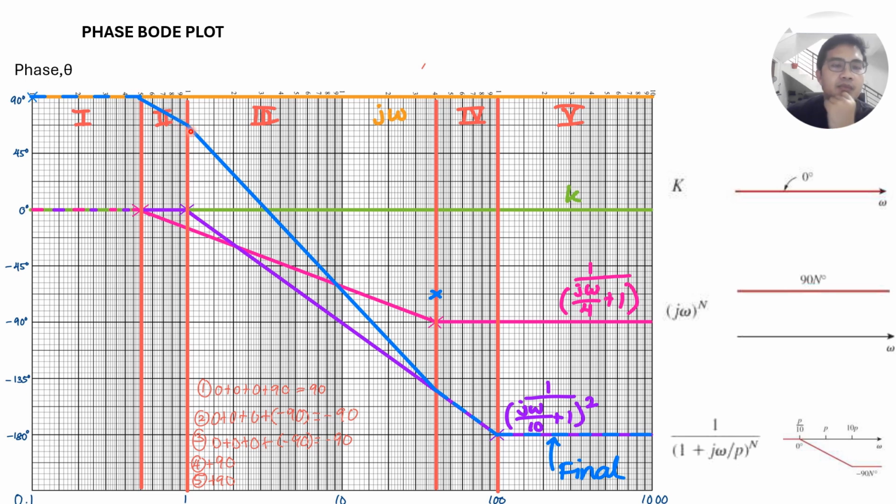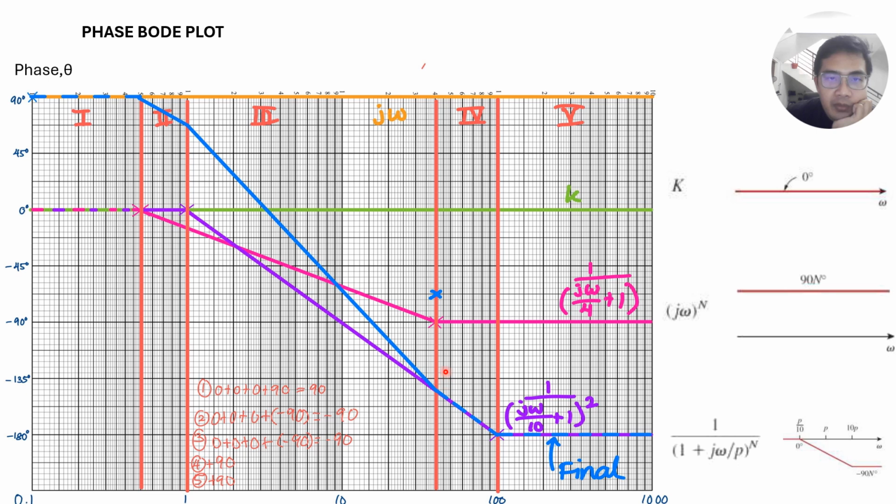We have an inclined plane of negative 90 degree. And then for the third part, 0 plus 0 plus 0, 0 plus 0 plus 0, and negative 90 here. So that's why we get another negative 90, making that more inclined until the end of the third part.